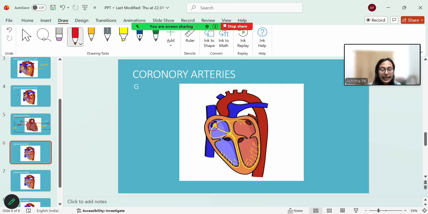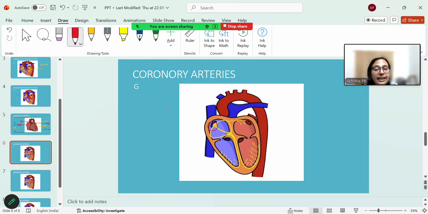The electrical activity starts from the sinoatrial node, a group of specialized cardiac muscle cells known as pacemaker cells.